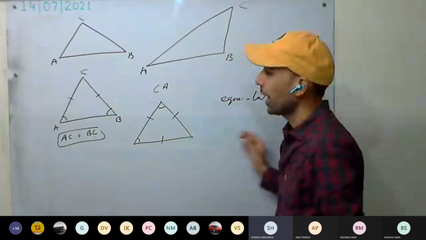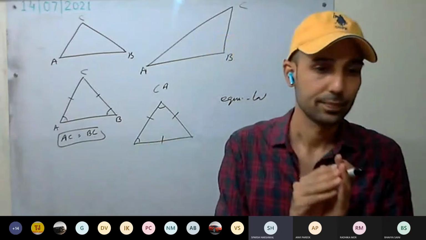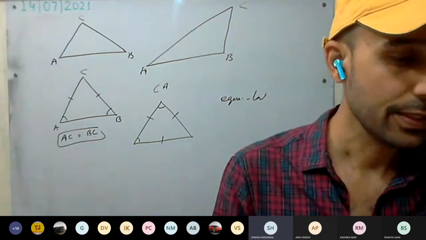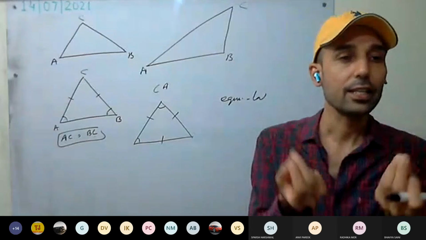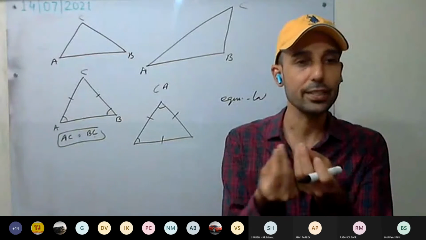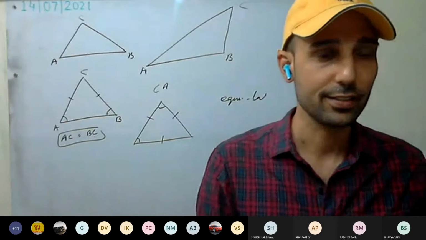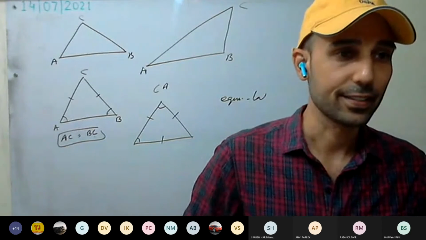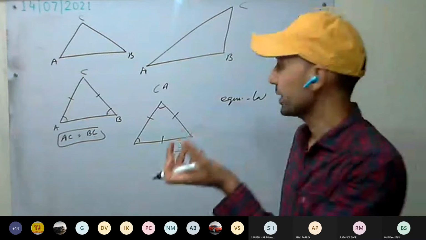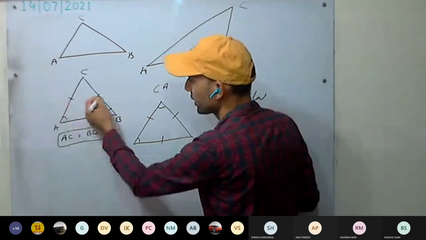Iso means same. Like we can say two persons are the same, we can say they are iso. Like you have studied isotopes, isobars in chemistry, I think. Iso means same. These two are equal, these two are the same.